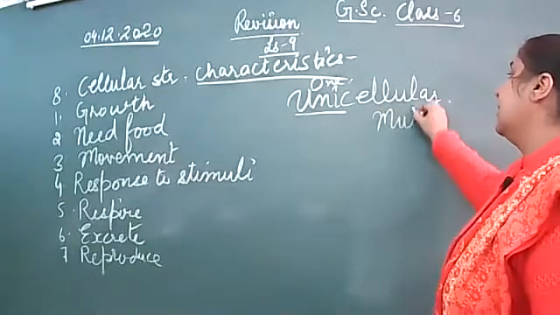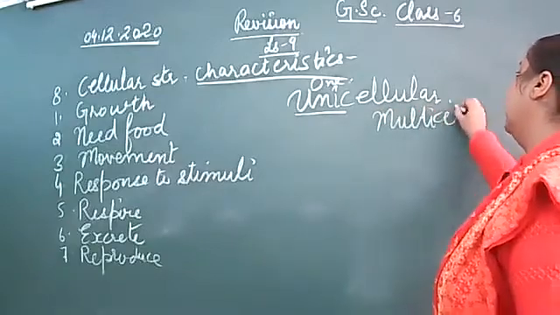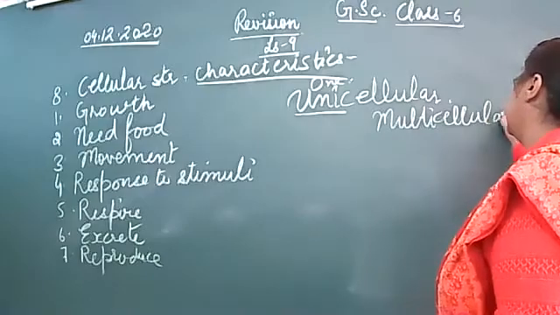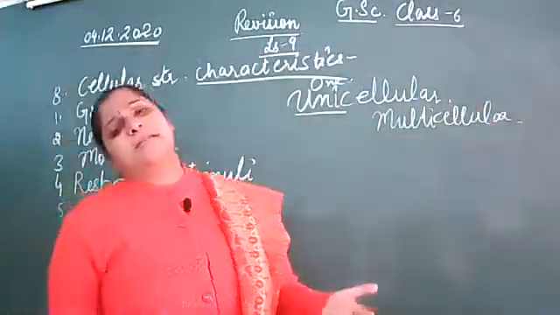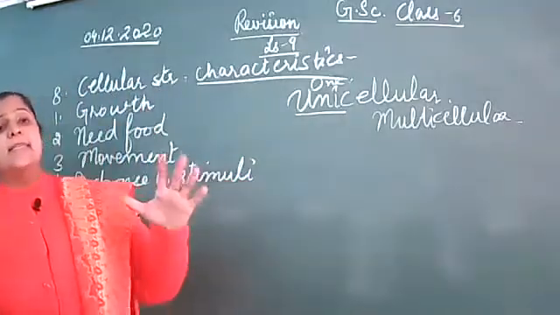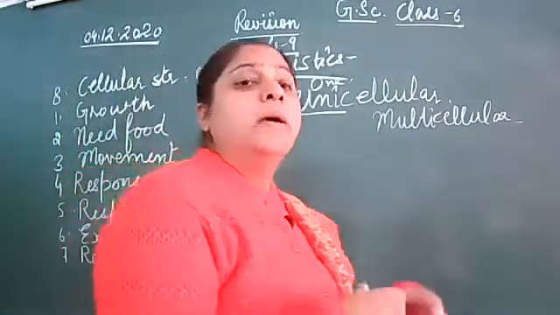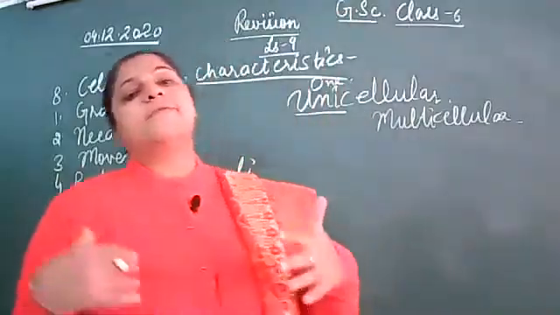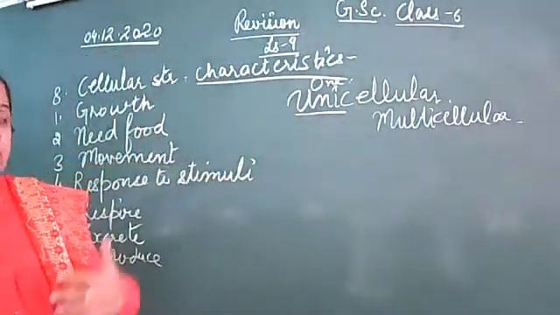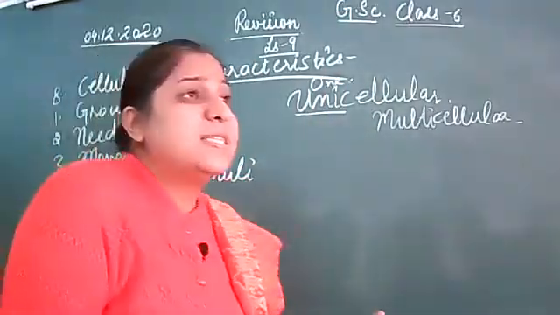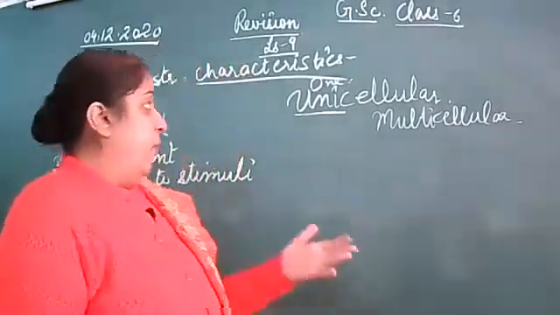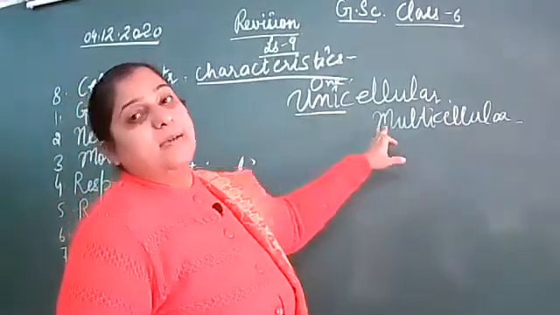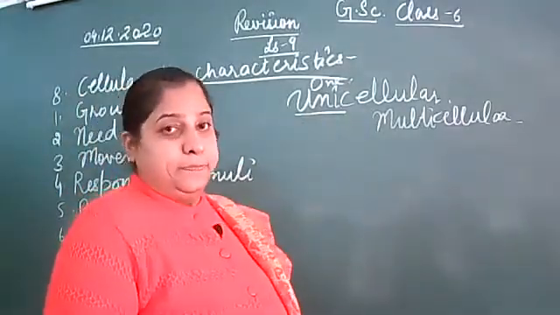On the other hand, there are other organisms which are made up of more than two cells. They are known as multicellular. Their body is made up of different cells or similar type of cells, right? Similar type of cells perform one function, other type of cells perform other function. If one or two cells die, the death of the organism does not take place.